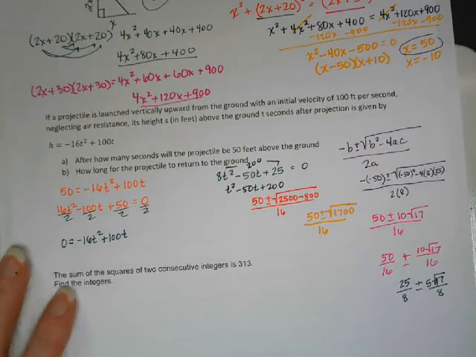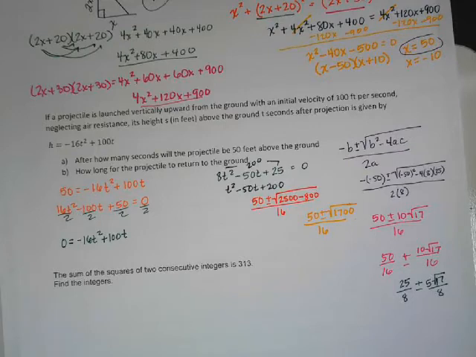Now, because I have a t squared and a t in the same problem, I still have to factor this in order to find my solution. But all you have to factor it with is the greatest common factor. So what's the greatest common factor between 16t and 100t? 4t.